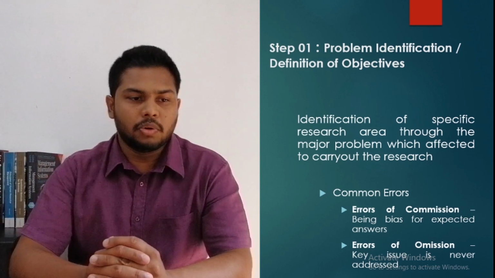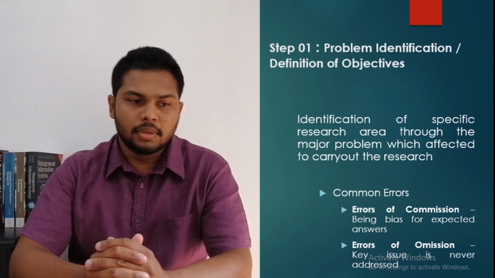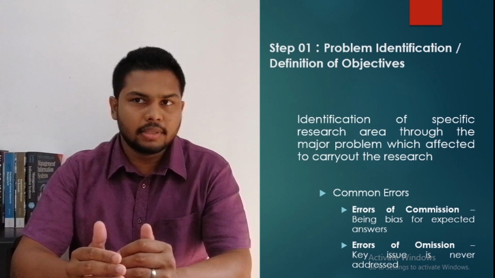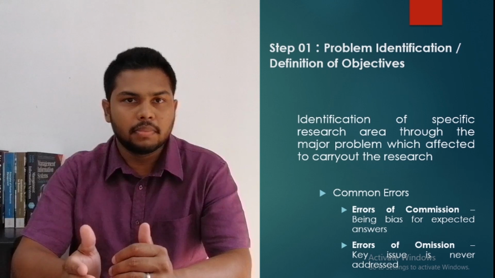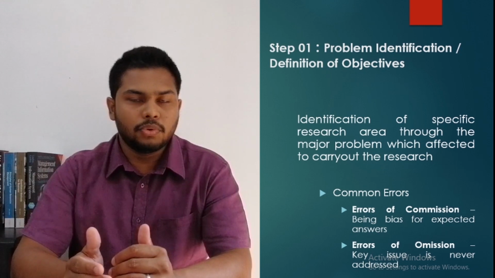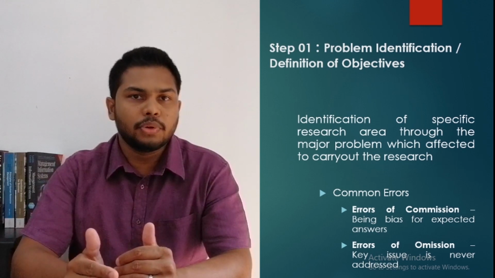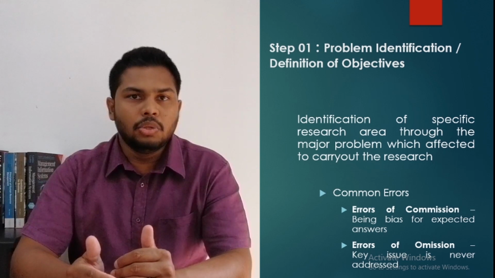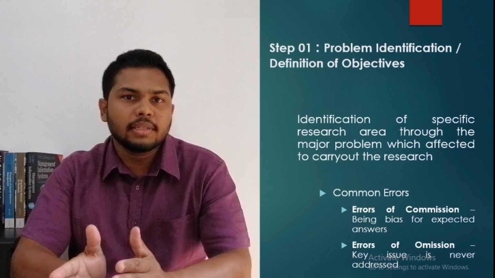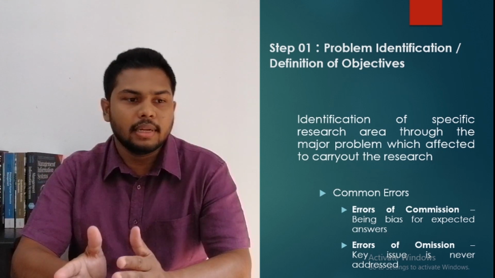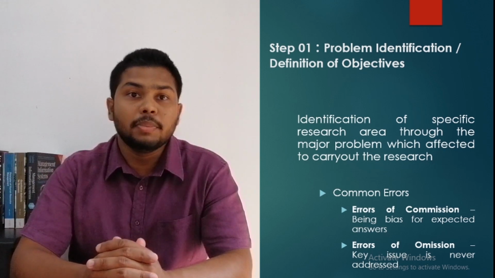Now, in finding the information, you can be biased about your outcome, right? Let's say if you want to get a favorable outcome for your opinion, you will be biased in collecting that sort of information in marketing research. That is what we call errors of commission.